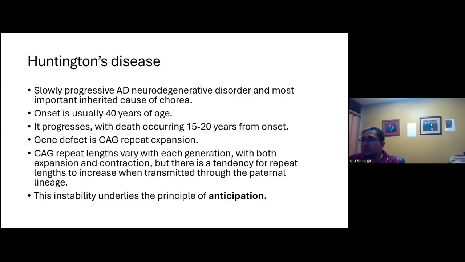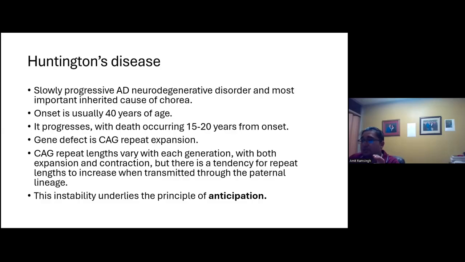It's a slowly progressive autosomal dominant disorder before the age of 40 years. Usually it proceeds 15 to 20 years from onset. And the key takeaway point here is that it's caused by a CAG repeat expansion. It's a defect in the CAG triplet.